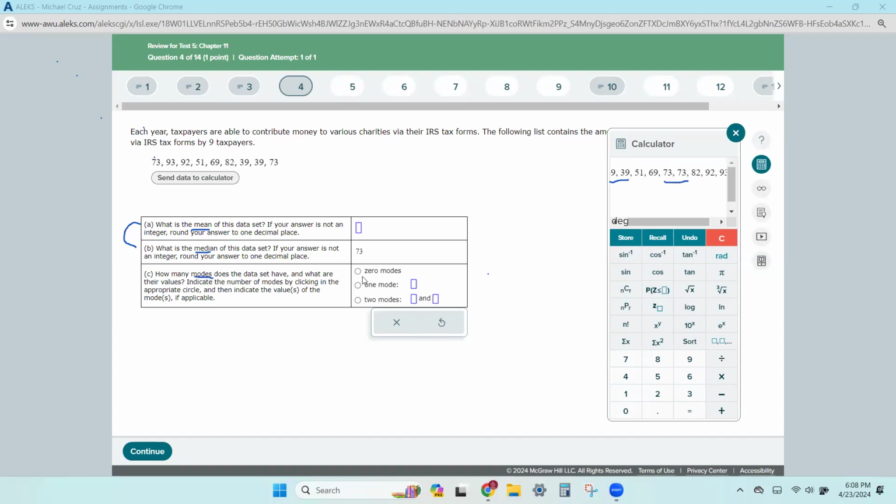So that means that there are 2 modes. All right. 2 modes. 2 39s and 2 73s. Nothing else repeats. So since those are the repeating ones, that's the mode.